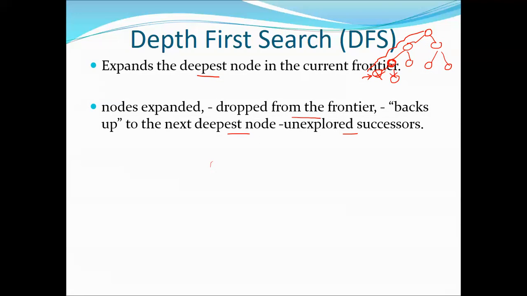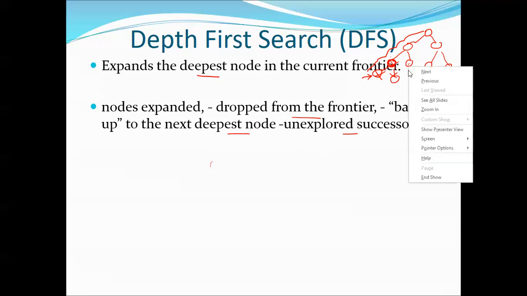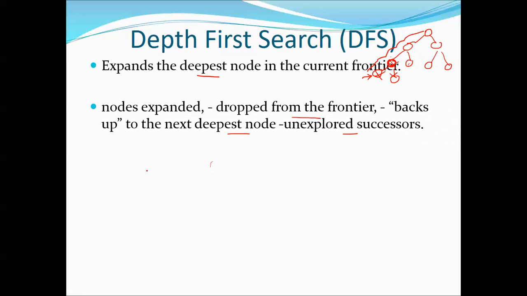If this is not the goal state, now this is the leaf node. Now remove this. Again, now this node will be considered. So it has one node which is unexpanded. So the algorithm will go here and expand this. If it has a child, it will be expanded. If it does not have a child, the algorithm will remove it. Okay, so this is the overall concept.